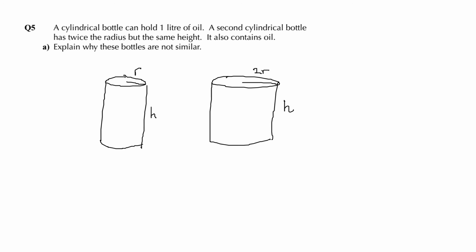So if I was to do the ratio of the radii, I would have r to 2r, which would give me a ratio of 1 to 2, because I could divide through by r to simplify. If I do the ratio of my heights, I'm going to have h to h, and I can divide both sides by h.